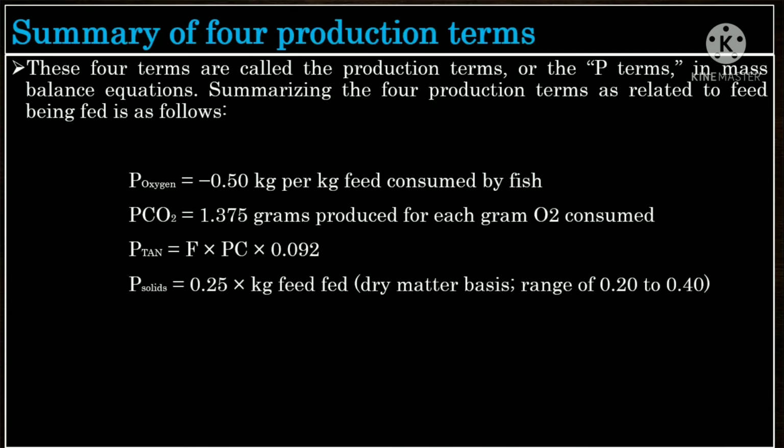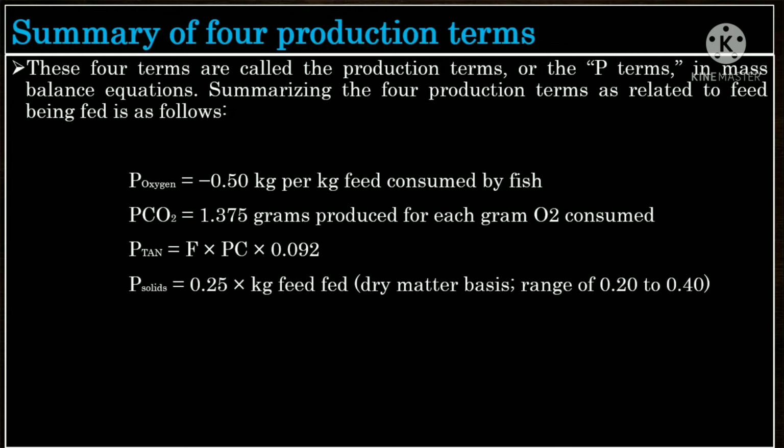So the summary of the four production terms: the P terms in the mass balance equation. P oxygen equals negative 0.50 kilograms per kilogram of feed consumption by the fish, and the PCO2 equals 1.375 grams produced for each gram of oxygen consumed.